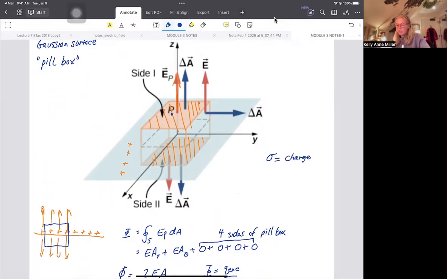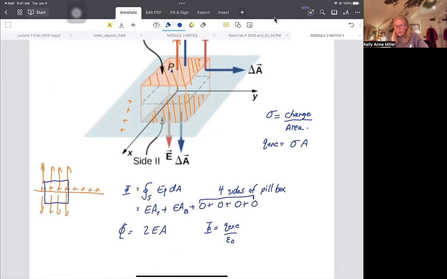They would say there's some sigma on this infinitely large plate, which represents a charge per unit area. So the Q enclosed is sigma times A, where A is the area of either the top or the bottom. So sigma times A divided by epsilon naught.